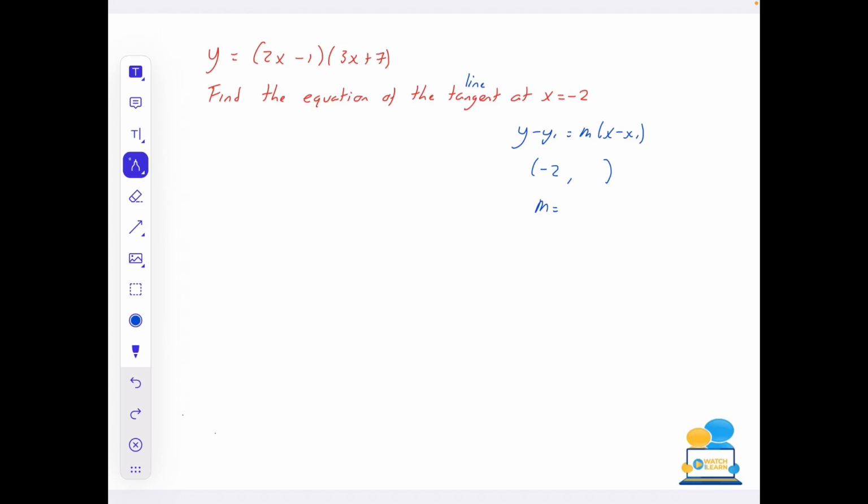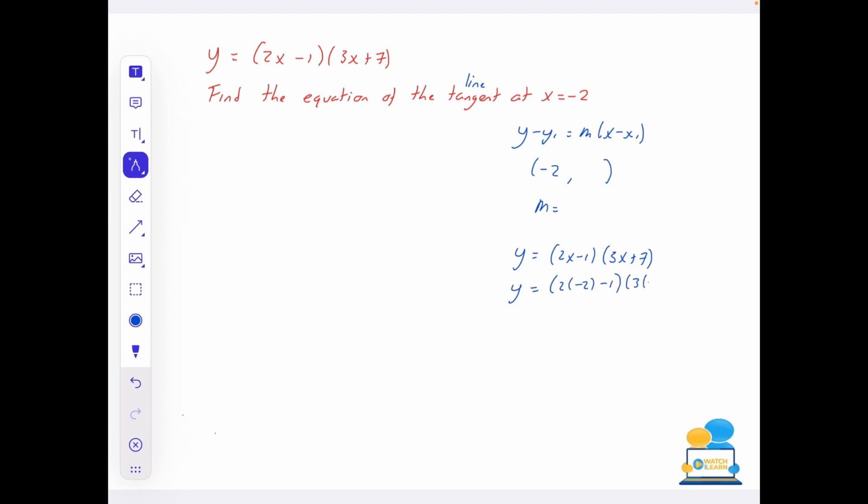So what we need to do, we need to find two things. First, we need to find the slope, and then we need to find the y coordinate. I'm going to find the y coordinate first, actually. We're told in the question that y is equal to (2x minus 1)(3x plus 7).